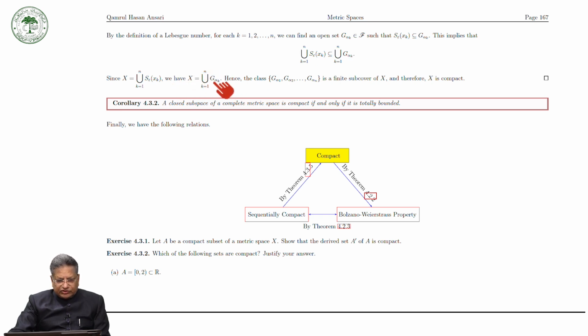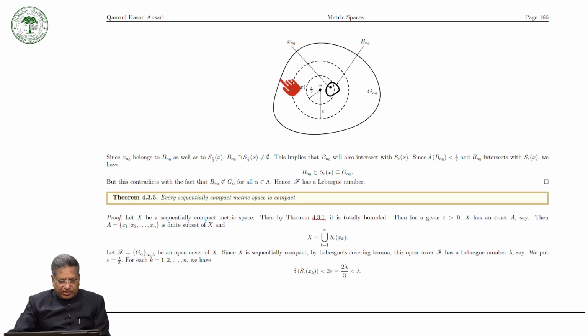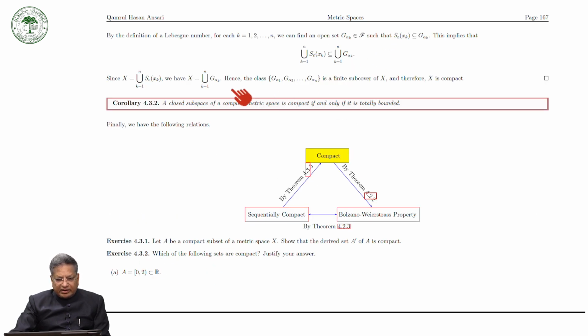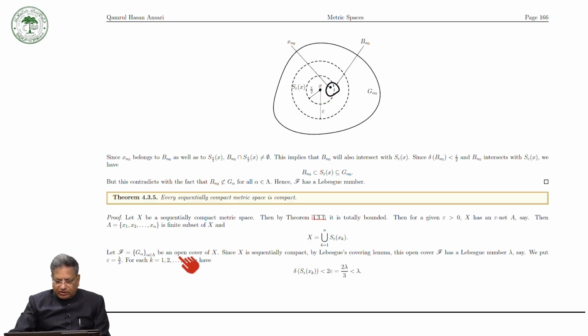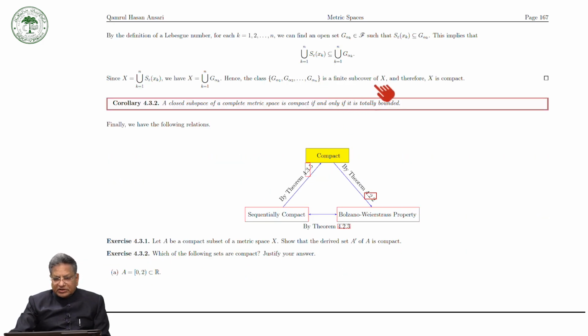It means that G_alpha_1, G_alpha_2, ..., G_alpha_n is a finite subfamily of the open cover F. So this open cover has a finite subcover of X, and hence X is compact. This way we have proved that a sequentially compact metric space is compact.